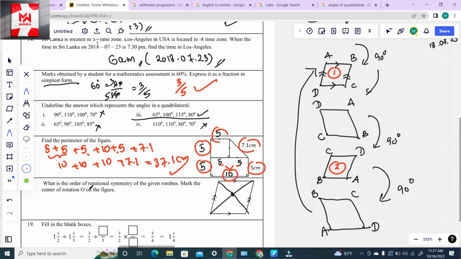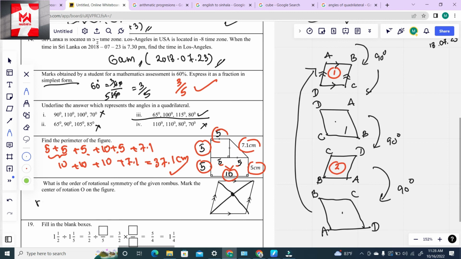Therefore the order of rotational symmetry is 2. That means when you are rotating, there are 2 times which come to the same position. Okay, but when you consider this also, another 2. Therefore when you consider the first position, when you are rotating 360 degrees, only one point comes to the same position. Therefore this is 1 and 2.